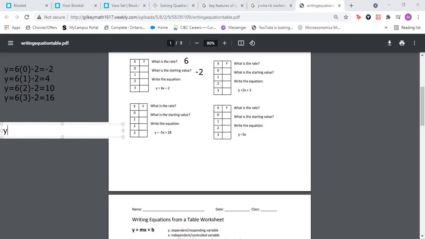Yeah. And then 33. No, it'd be 23 because -5 plus 28 is 23.